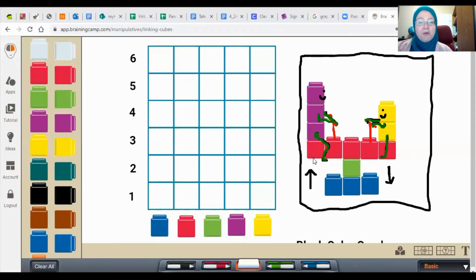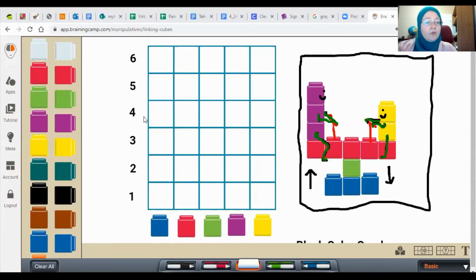One friend goes up while the other friend comes down. You can make any picture with blocks, but I want to know how many blocks I've used and how many of each color. And just looking at the picture, it would be kind of hard for me to organize that information. So what I'm going to do is put the blocks on a graph.